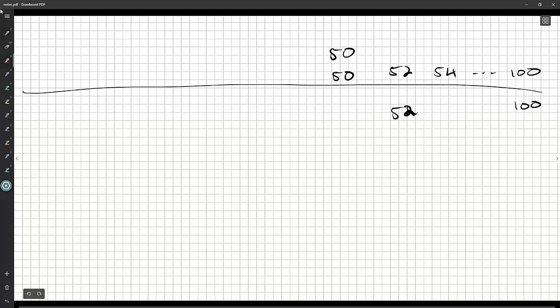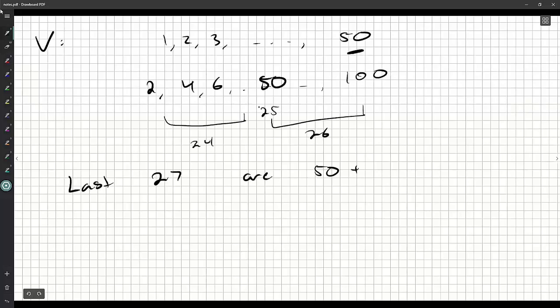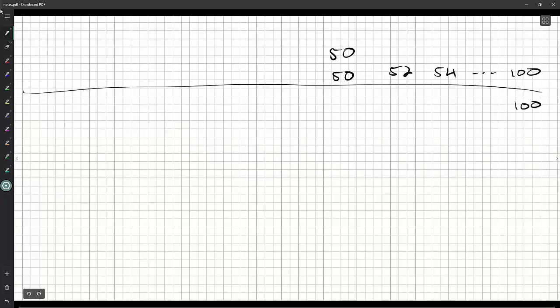No, it's not the 52nd, it's the 26th. Wait, no, what? Oh, I'm having trouble keeping track of what it is that I'm doing. So there's 26 of those. So 98 should be the 99th one. So divide by 2 and add 50.